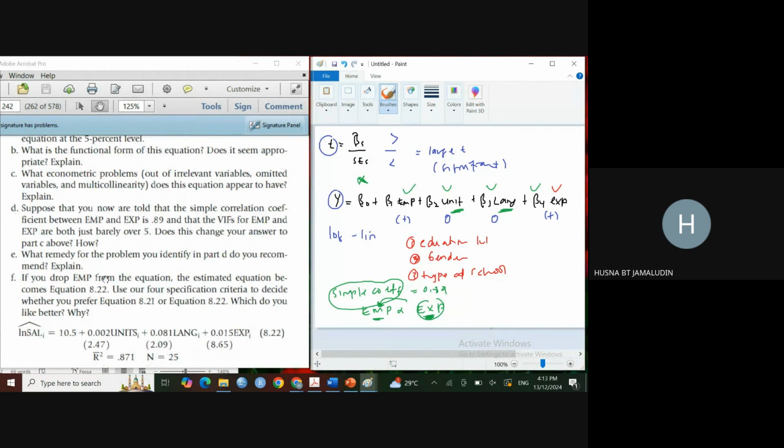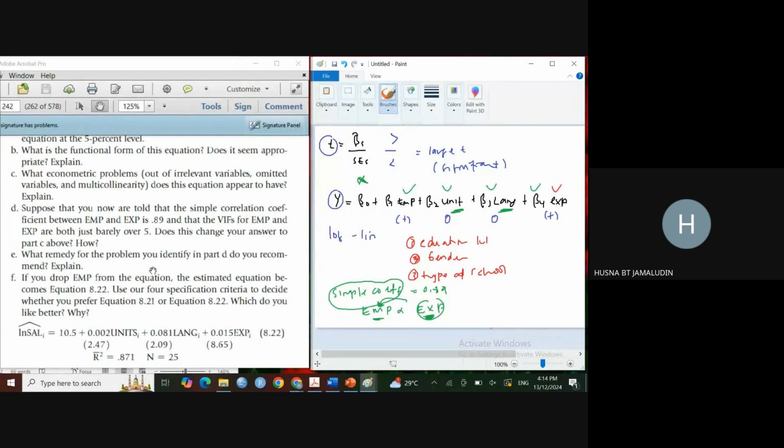Okay. What is the remedy for the problem? What is the remedy for your multico just now? What will you recommend? Do nothing? We are talking about multico, right? Should we do nothing? No, drop one of the variables. So what variable should we drop? You should drop EMP. Some of you just mentioned drop one variable.